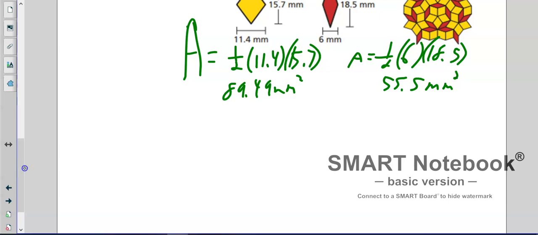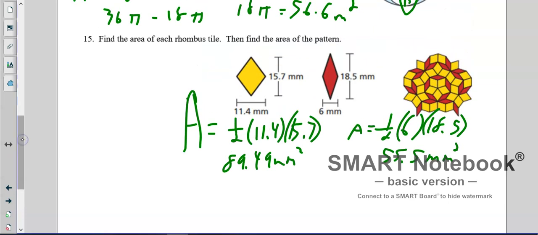So now we got to count. How many of these yellow ones are there? All right, so it'd be easy just to mark them off. 1, 2, 3, up to 32. Looks like there's 32 of these.